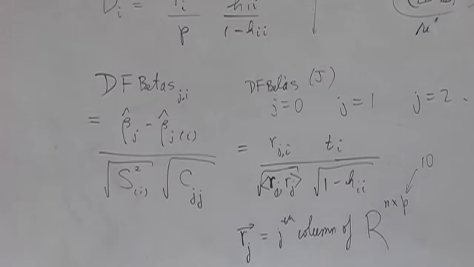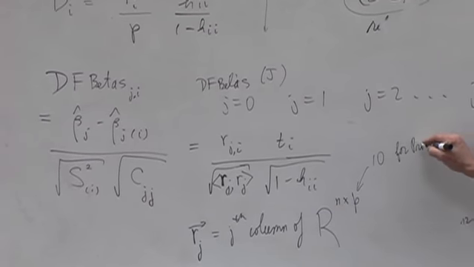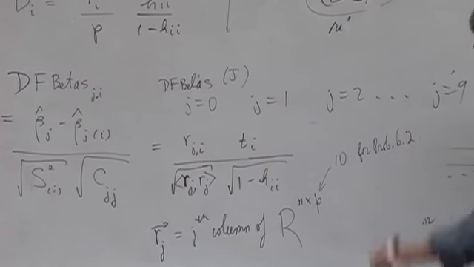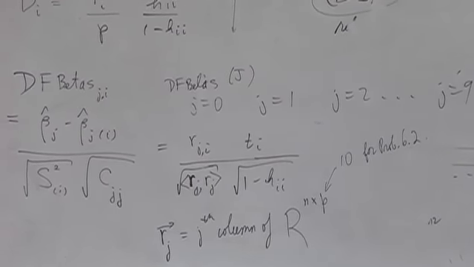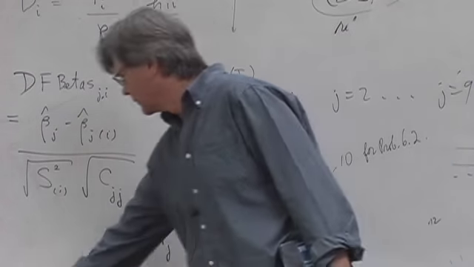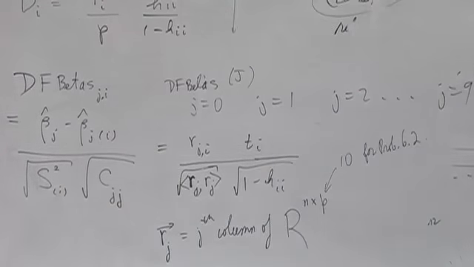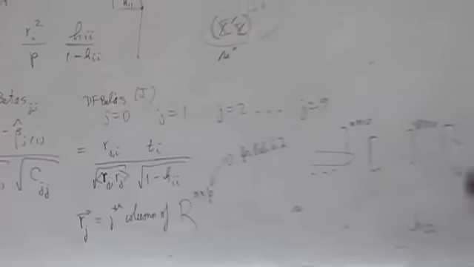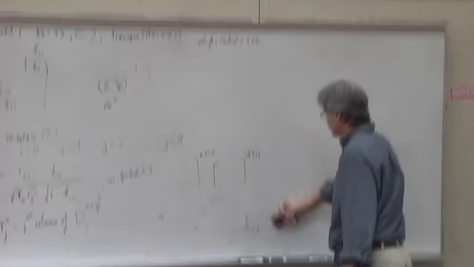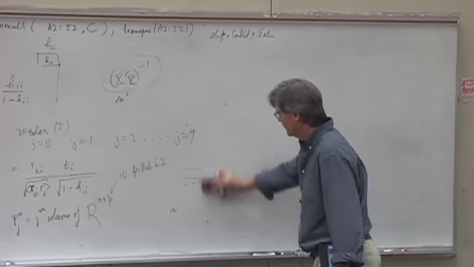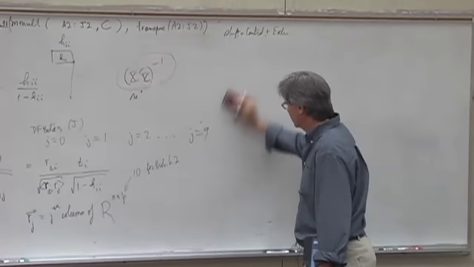It's 10 for problem 6-2. And R is defined simply to be x times x prime x inverse, I believe.